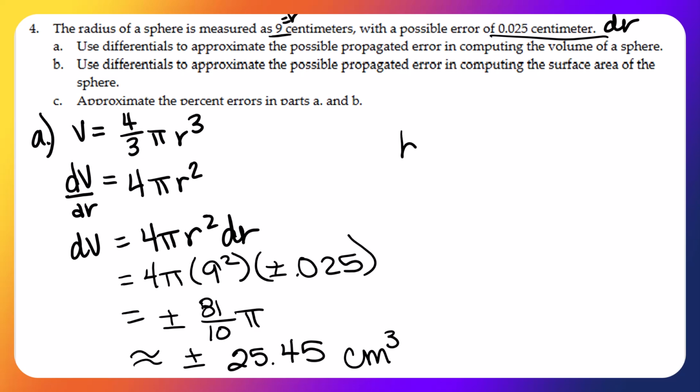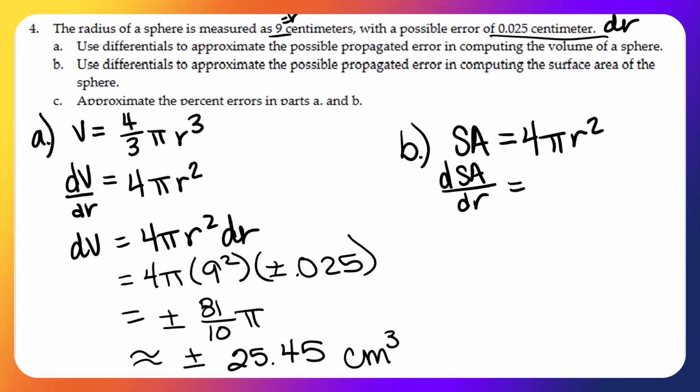As we look at part B, we're doing kind of the same thing, but now we're looking at the surface area of the sphere. So for a sphere, the surface area is given by 4 pi r squared. So again, the first thing we want to do is take the derivative of that surface area with respect to radius. So this time that would give us 8 pi r.